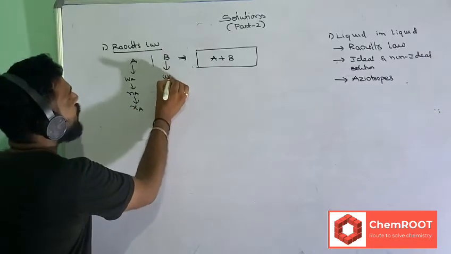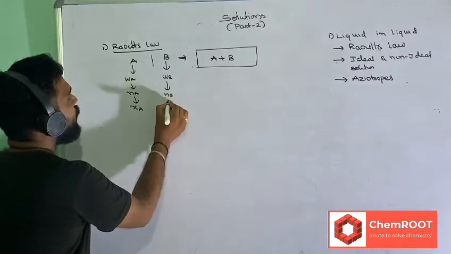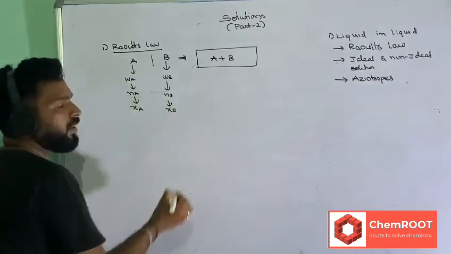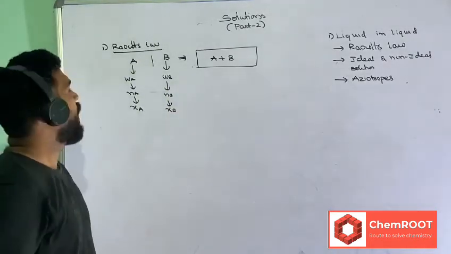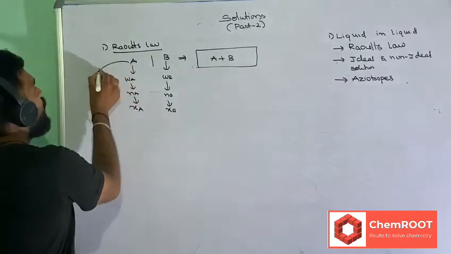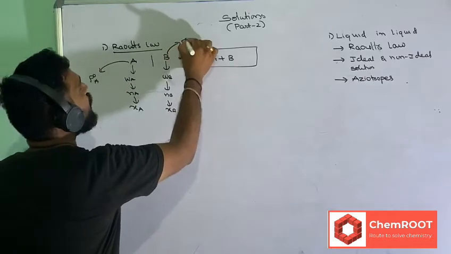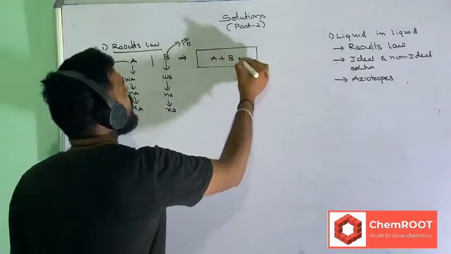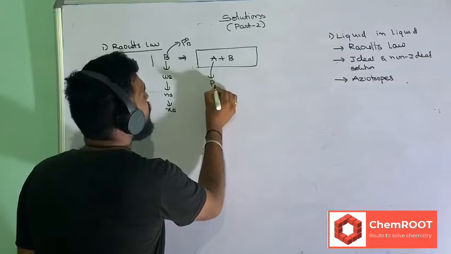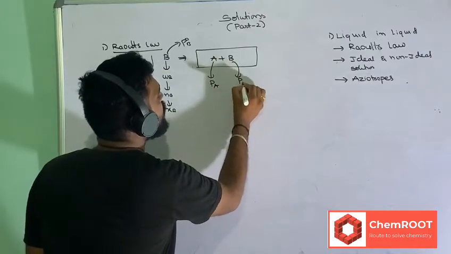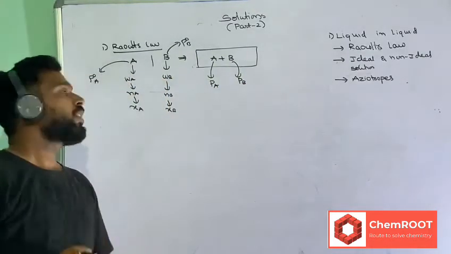If it is W_B with number of moles n_B, its mole fraction will be chi_B. Their pure vapor pressures are P naught A and P naught B. In solution they will exert pressures, which we take as P_A and P_B.